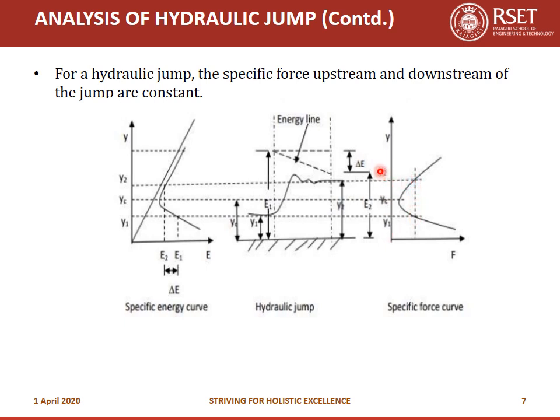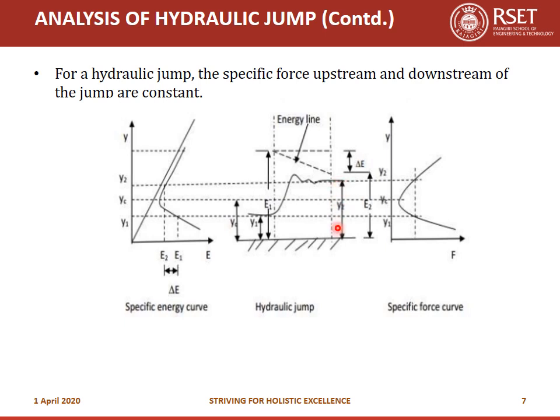Interestingly, Y1 and Y2 on the specific energy curve do not correspond to the same value of energy. Here you can see that Y1 corresponds to greater energy E1 and Y2 corresponds to the lesser energy E2. There is an energy difference delta E between these two values. This is because the energy with which flow is happening upstream with depth Y1 gets dissipated, or lost, during the turbulence of the hydraulic jump, and then it reaches the downstream depth Y2.